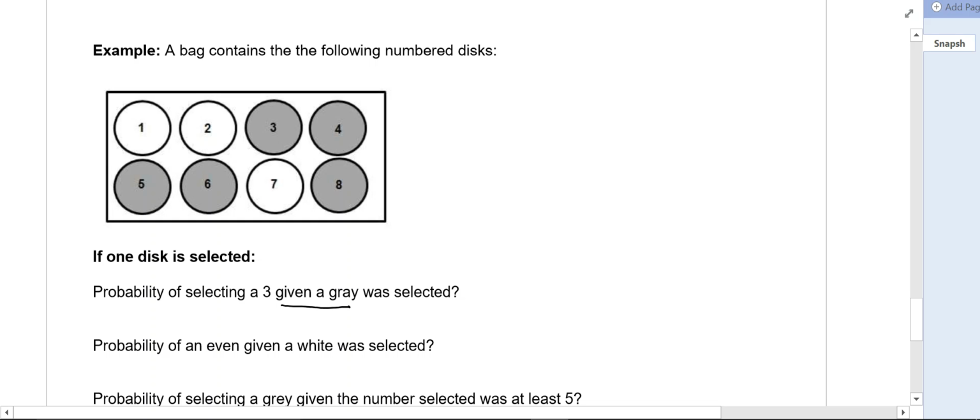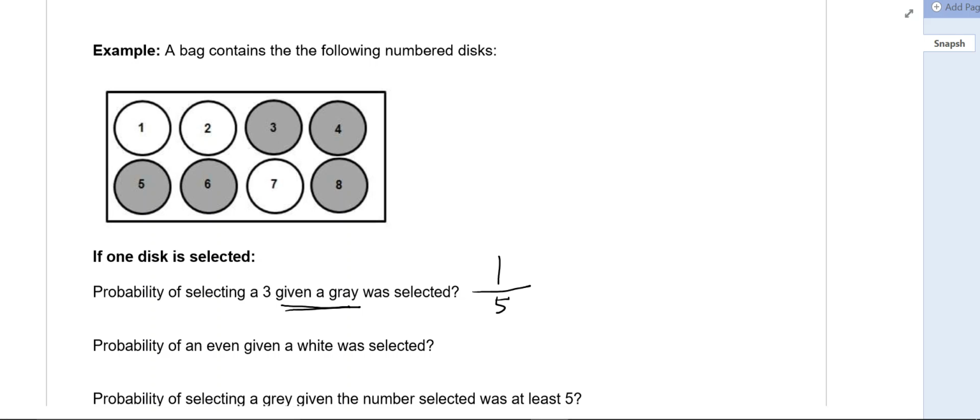So this is a conditional probability. We're told we have a gray disc. So we know we're only looking at the gray disc. There are 5 gray discs. How many of them have a 3 on it? 1. So 1/5. Next one.